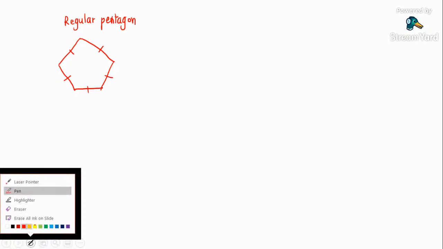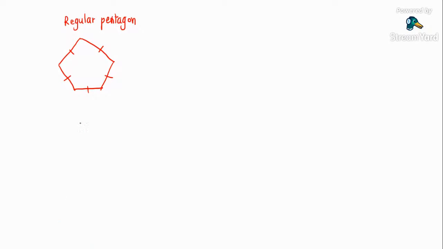A pentagon must have five sides. A regular pentagon means I must have the same length of the sides. That's the first thing. As you can see here, I'm going to put it in different colors. This angle over here is what we call the interior angle.